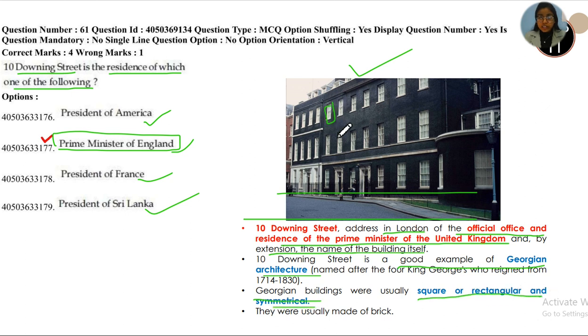As you can see, rectangular windows, symmetry, all windows are spaced at an equal distance on every floor, and they are usually made of brick. So these are some of the characteristics of Georgian architecture which can be seen in 10 Downing Street, which is in London and famous for being the residence of the Prime Minister of England.